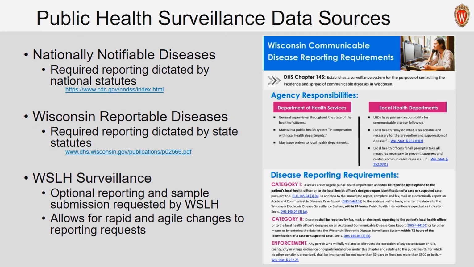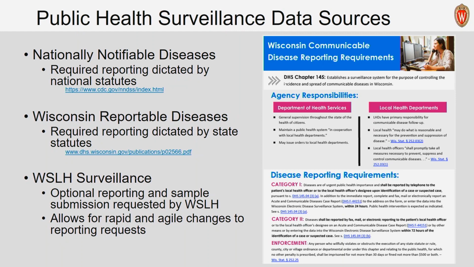Now, fortunately, our Department of Health is really good, and everything on the national notifiable list is also on the state reportable list, but there are some additional state-specific things that they're also looking for. Now, the state statutes are pretty strict. If you're not compliant with submitting data for the reportable diseases, there is risk for fines and even imprisonment.